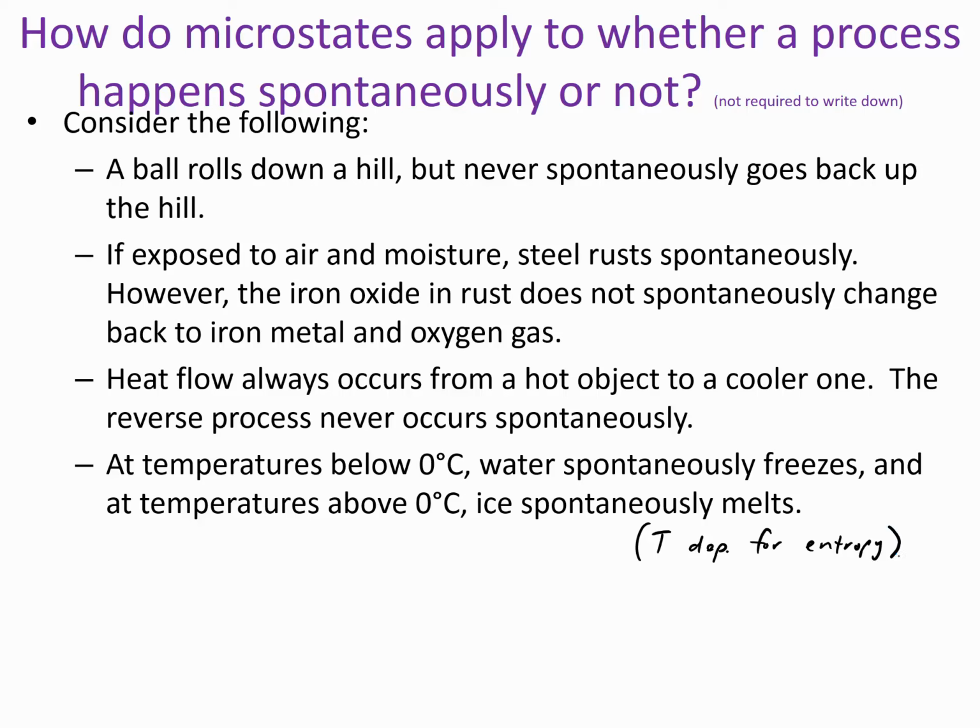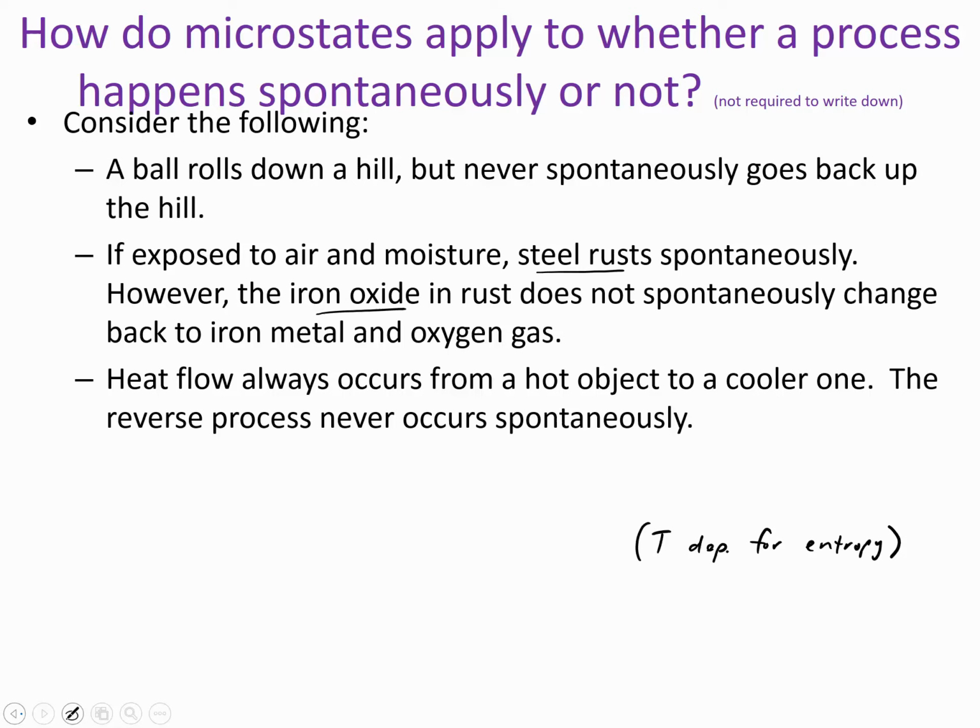Okay, so in this case of steel rusting, if you look at the atomic arrangement, you're going to see much more disorder among the iron and oxygen atoms. So things tend to spontaneously move towards a state of more disorder.